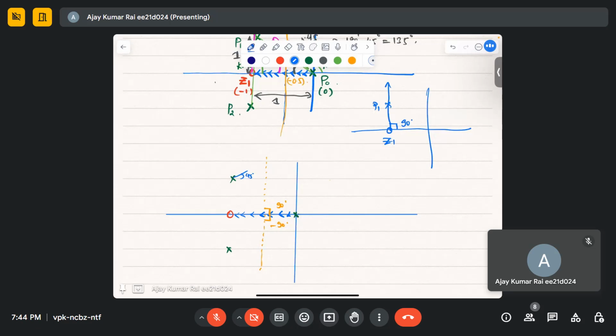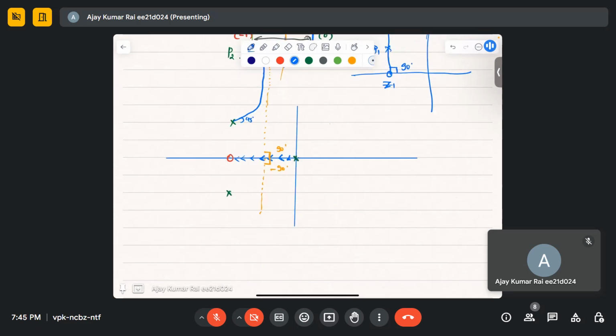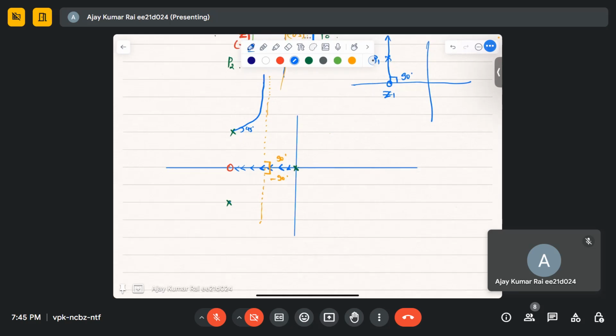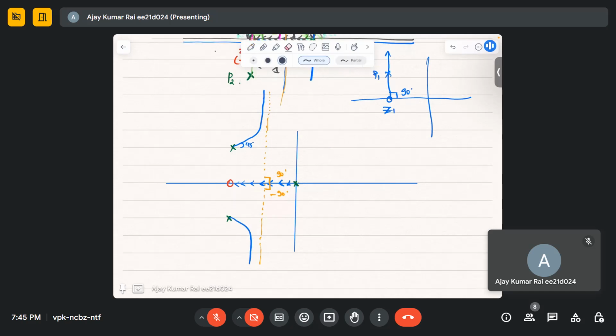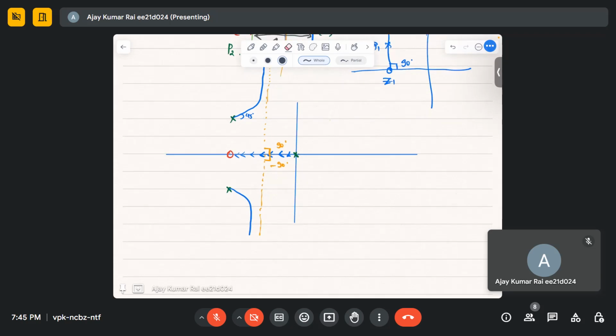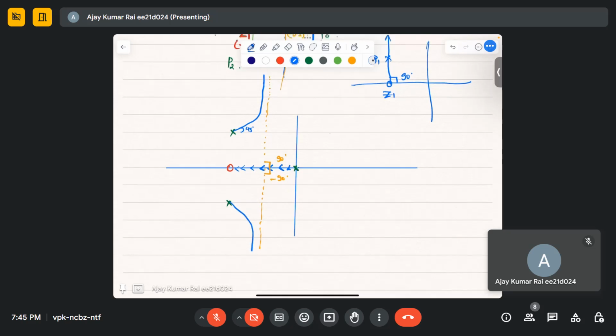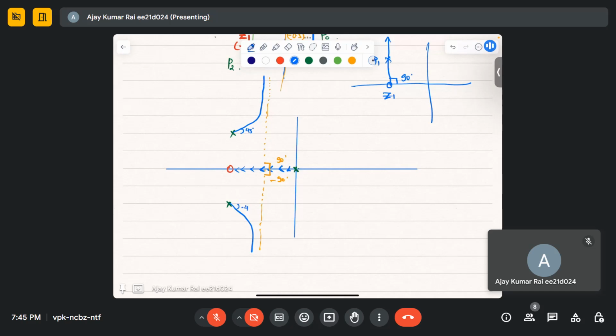So this angle will be 45 degree, and it will be going to infinity like this. Similarly, if you see here, and it will be going to infinity. So if I make it like this, and this angle is minus 45 degree.